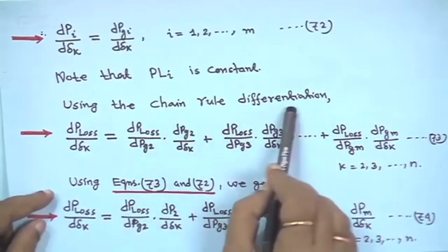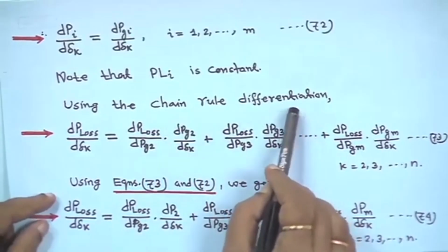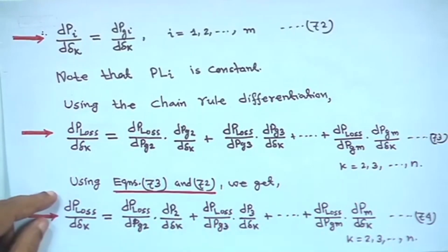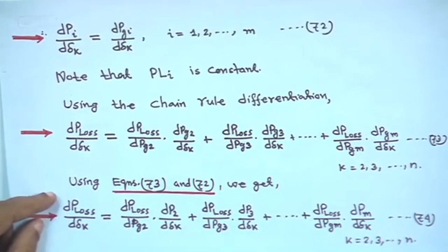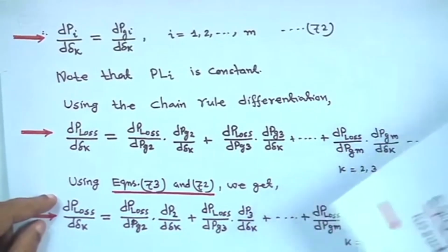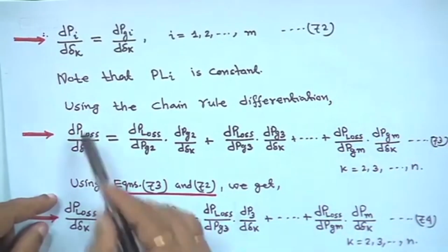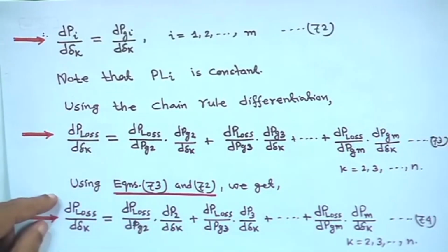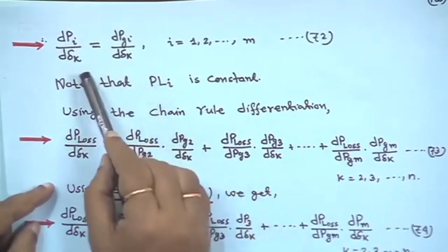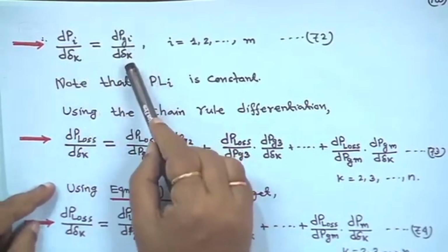Now, using the chain rule of differentiation, in general dPi by d delta k is equal to dPgi by d delta k.